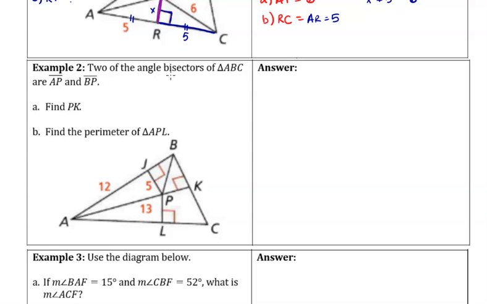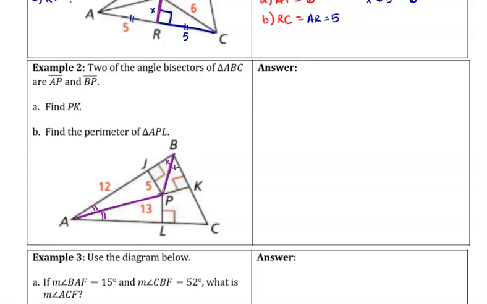Okay, it says two of the angle bisectors of triangle ABC are AP, so AP is an angle bisector, and BP. BP is an angle bisector. So we know, first of all, that these two angles would be congruent. If AP is bisecting an angle of the triangle, it must be bisecting angle BAC. And we know that this angle and this angle are congruent.